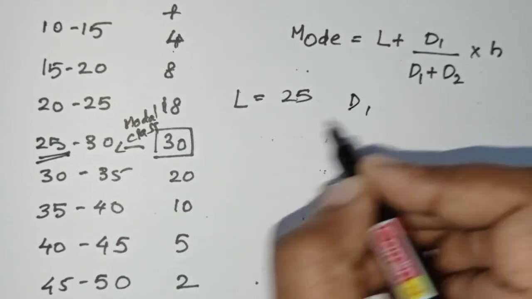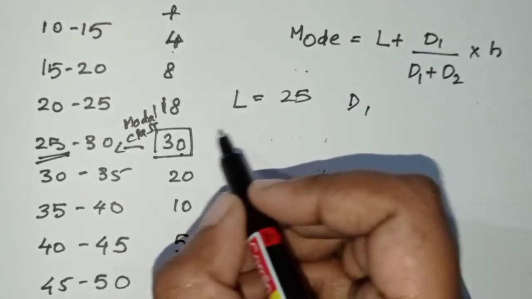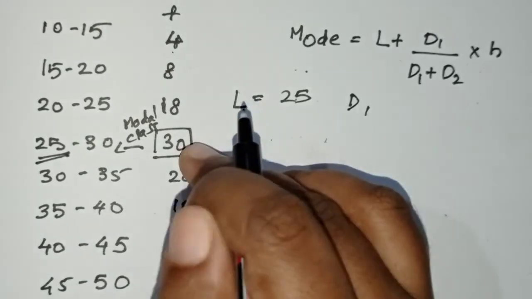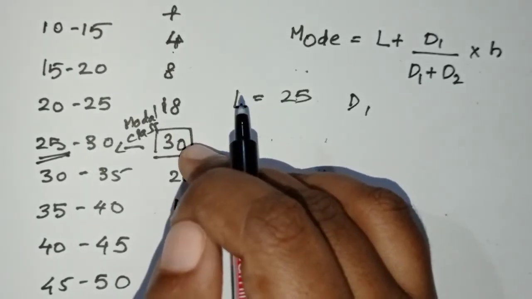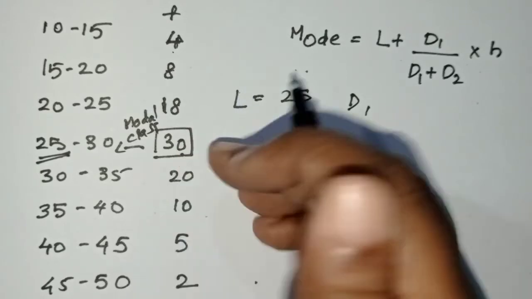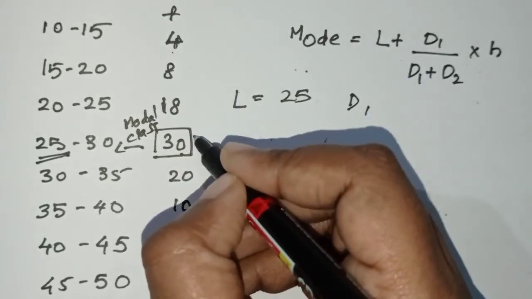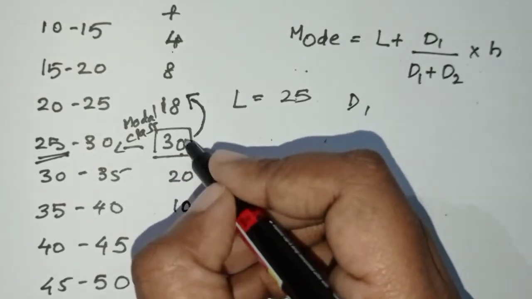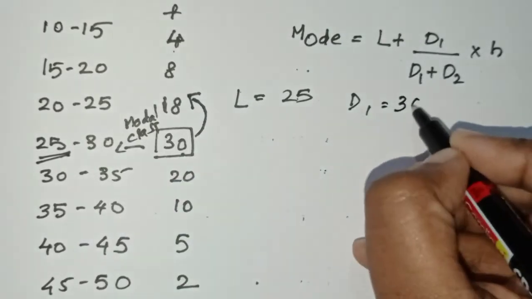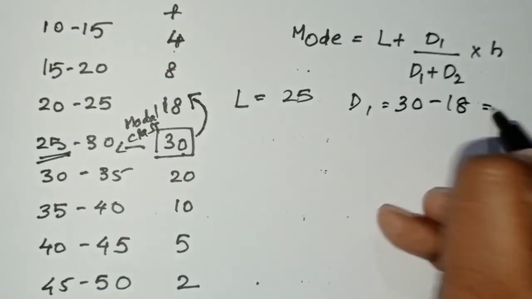Now D1, now this is the frequency. Okay, so D1 means the difference between the frequency of the modal class and the frequency preceding, that is before the modal class. So that is 30 minus 18, that is 12.